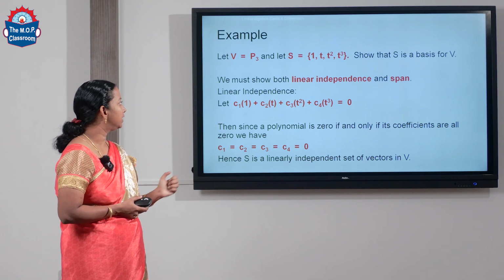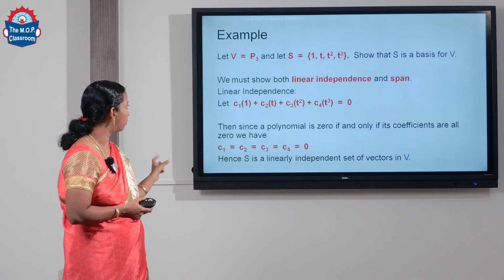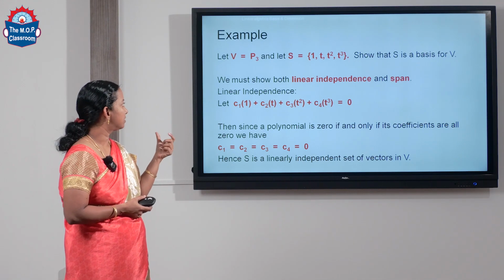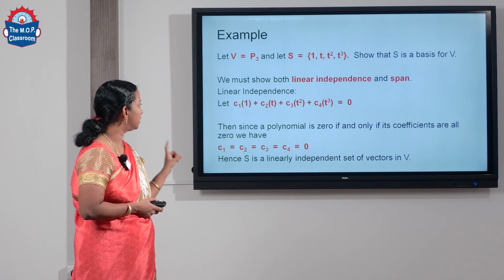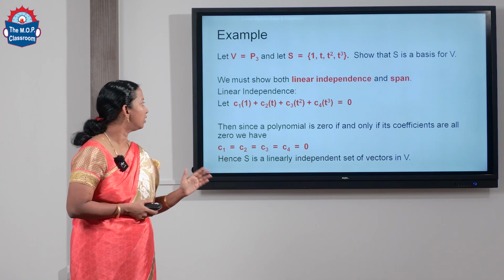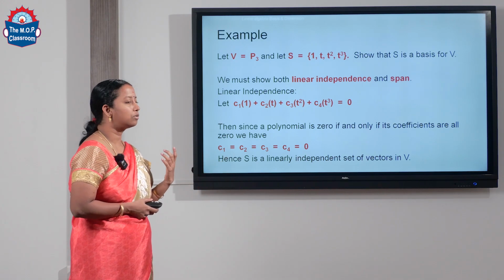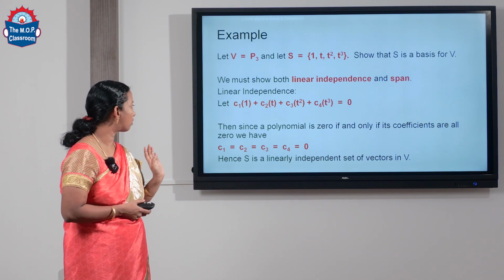First, linear independence: let C1 of 1 plus C2 of t plus C3 of t square plus C4 of t cube be equal to 0. Now taking the coefficients, we know that a polynomial is 0 if and only if all the coefficients are 0.